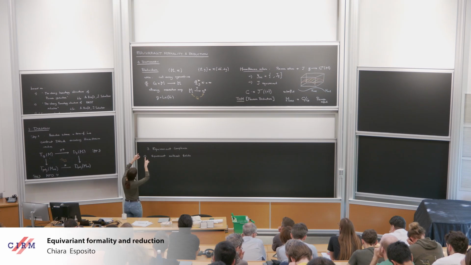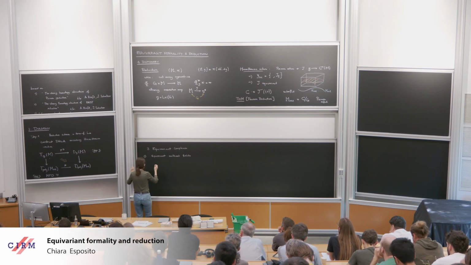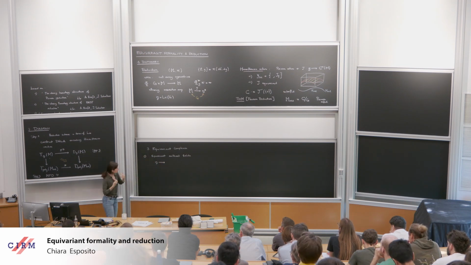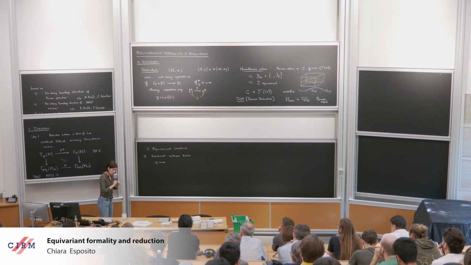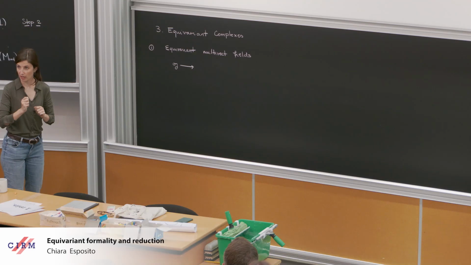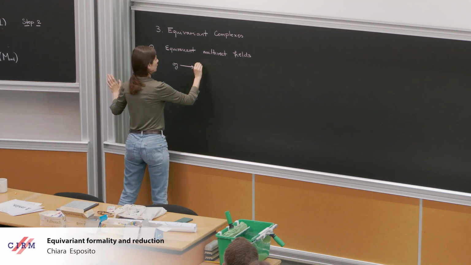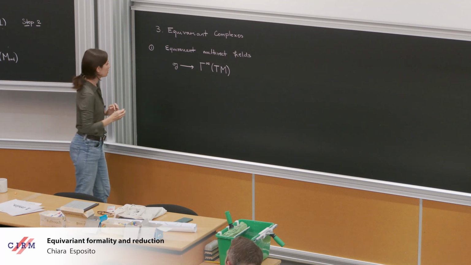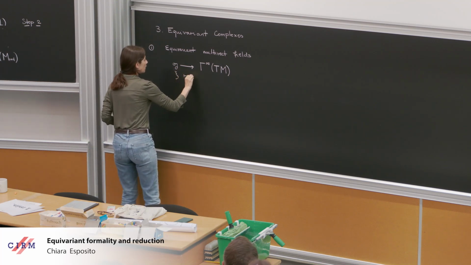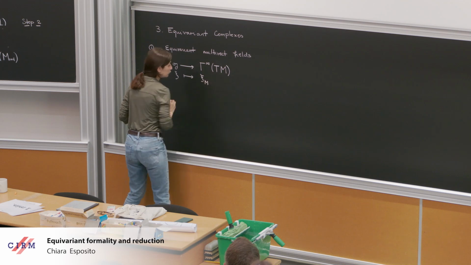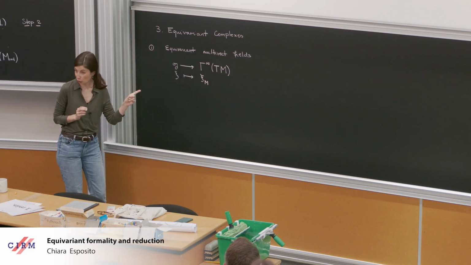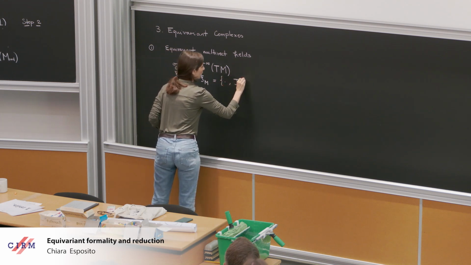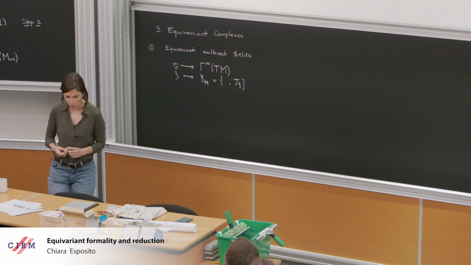So remember, let me remind you, what is crucial for me is I want to encode the information of the infinitesimal action, the fundamental vector field. So this is xi, and this is the fundamental vector field, which has to be Hamiltonian.